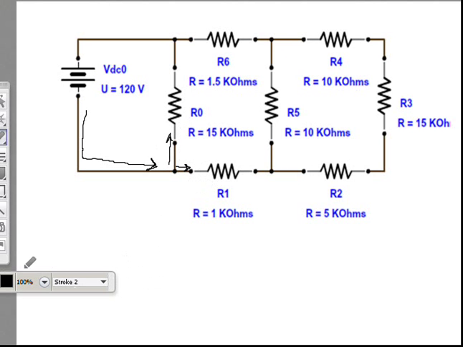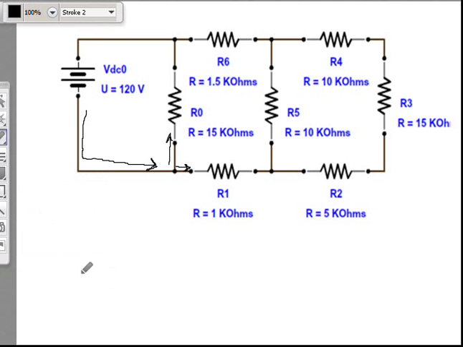So I'm just going to draw it as a straight line graph. Up here, I've got R0. And down here on this path, I've got R1. And R0 goes straight back to the positive side.